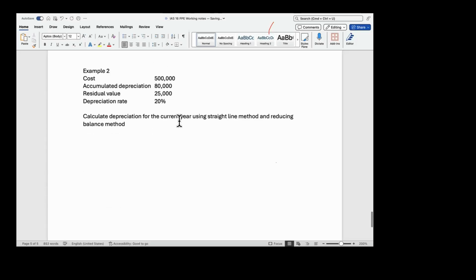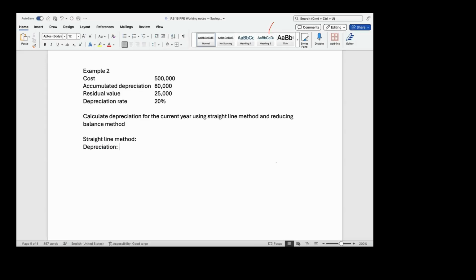So let's start with the straight line method. Using the straight line method, our depreciation is calculated as what?